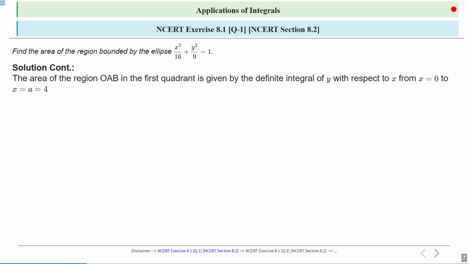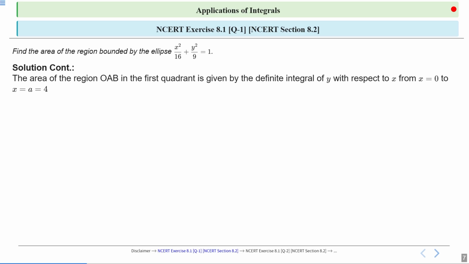Now we calculate the area of the region OAB in the first quadrant, which is given by the definite integral of y with respect to x from x equal to 0 to x equal to a, which is equal to 4. If you draw the graph of this ellipse, x square by 16 plus y square by 9 is equal to 1, just see the first quadrant.